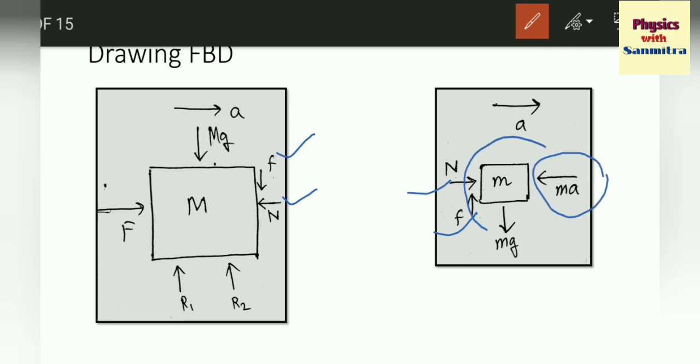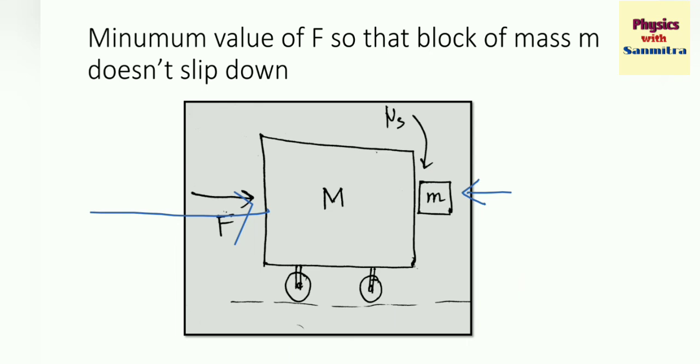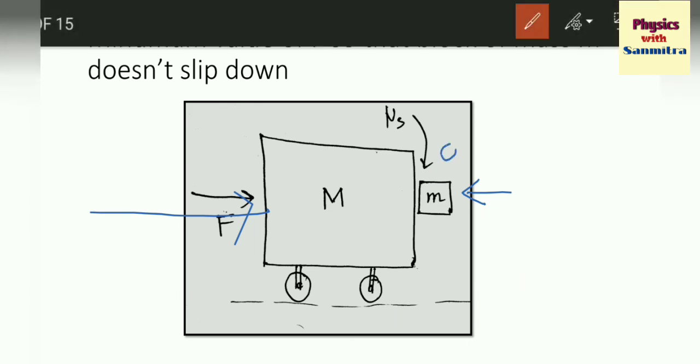Because we are considering only this small block m, this is actually the non-inertial frame, and we are standing on this block, observing from this block to analyze the forces on it.